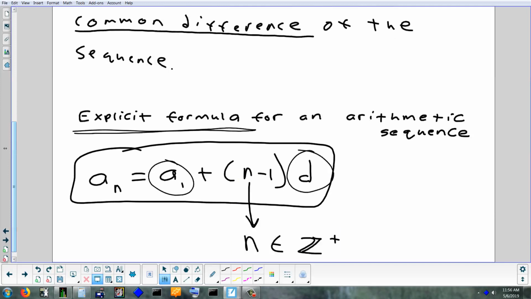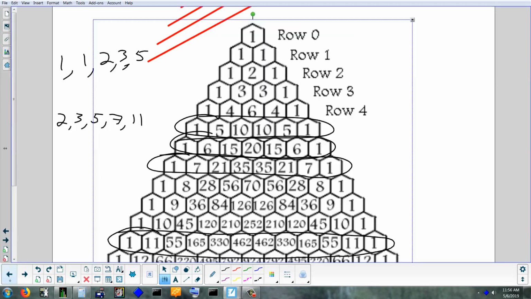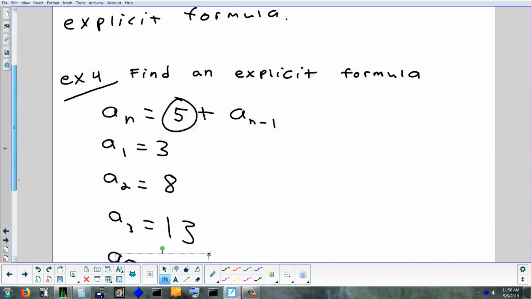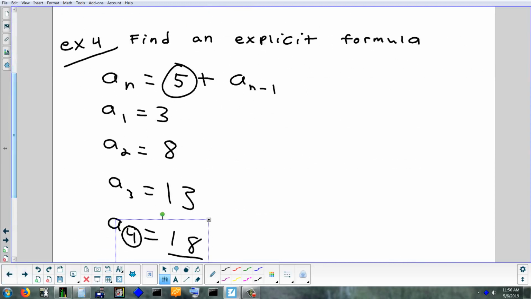So let's go back to one where we just kind of had to guess what the formula was and see if this gives us the same result. Okay, so just remember, first term plus n minus 1 times d. So we had one right here. Okay, here's the first term. So a sub 1 is 3.